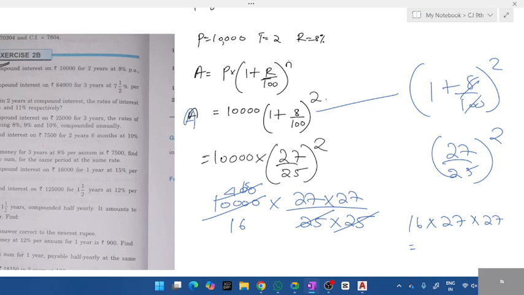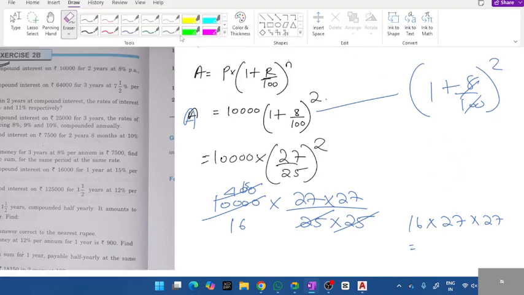And multiply 16 into 27 into 27. LCM, how do you take LCM?